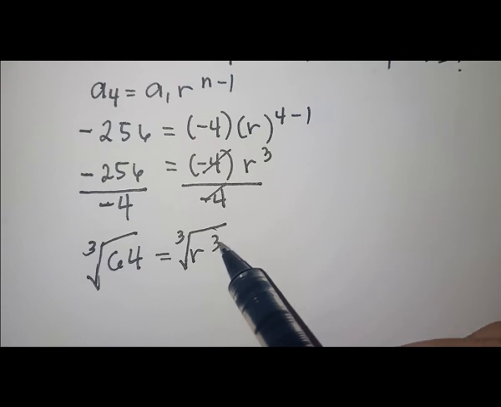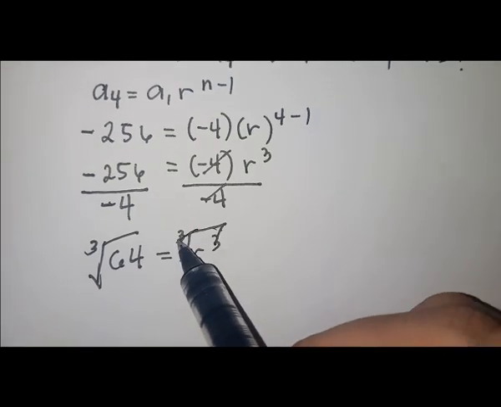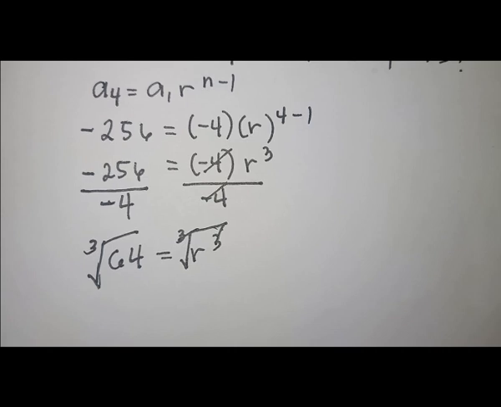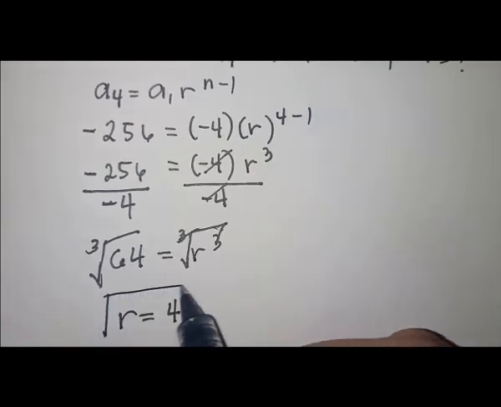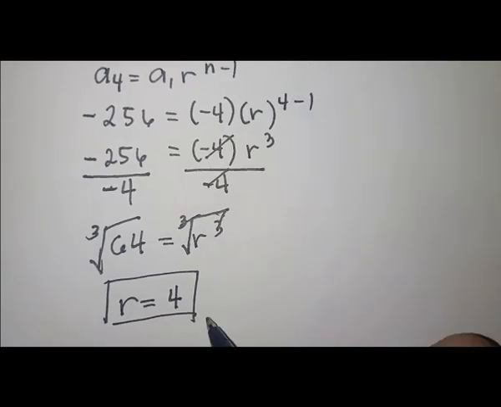So, cube root of r cubed, cancel na natin yung cube, matitira na lang yung r. Ano ngayon ang cube root ng 64? The cube root of 64, so r is equal to 4. It means the common ratio from the given is positive 4.